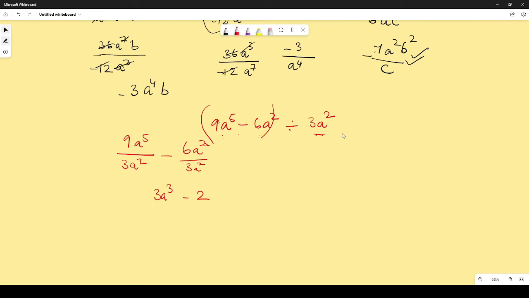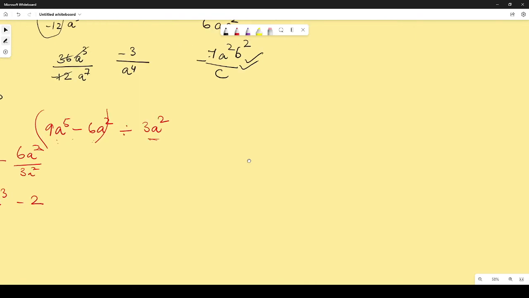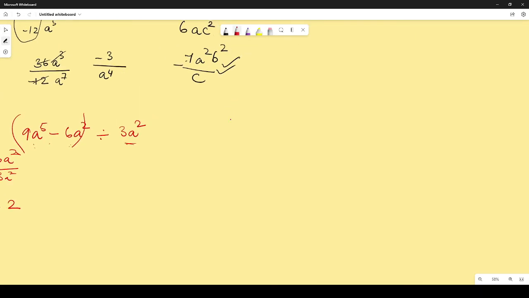Okay, so let me test you out once again and see if you have understood it. I'll give you a question: 15 x cube y square minus 21 x y cube divided by 3x square y square.